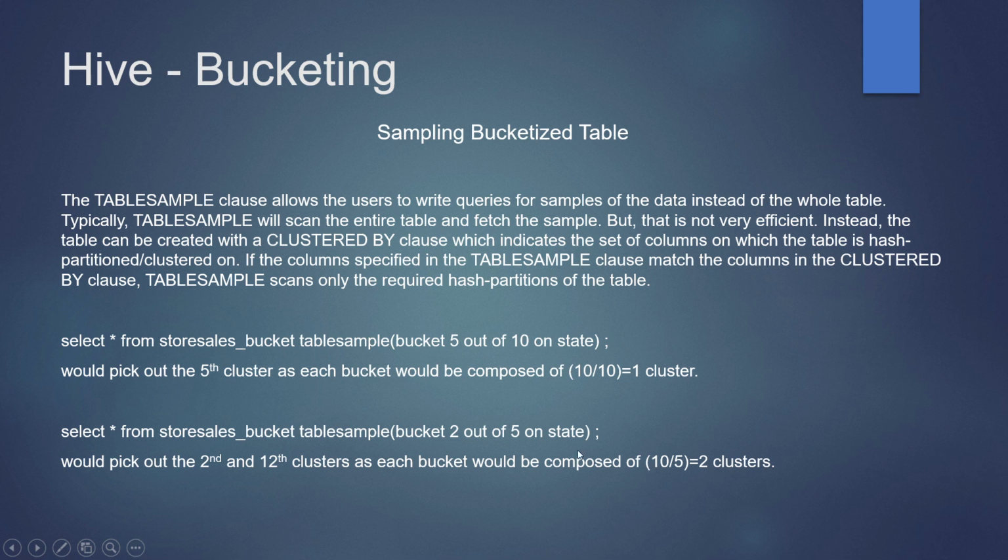It means total 10 buckets, and as per the same sampling we provide 5. So we will have 2 clusters in each bucket. We are taking second and 12th clusters as the output.